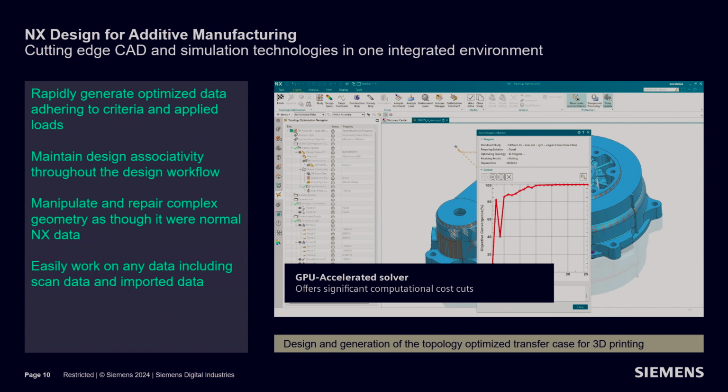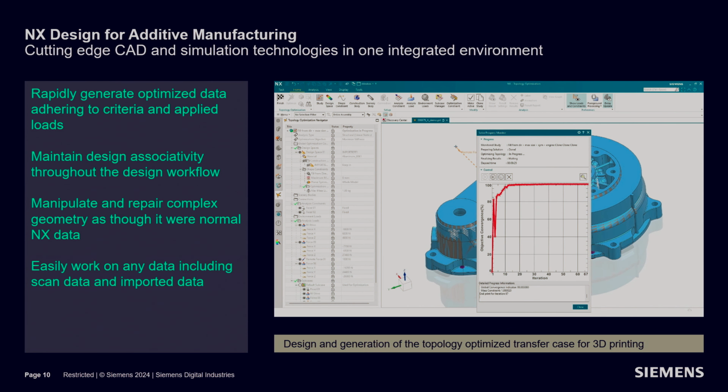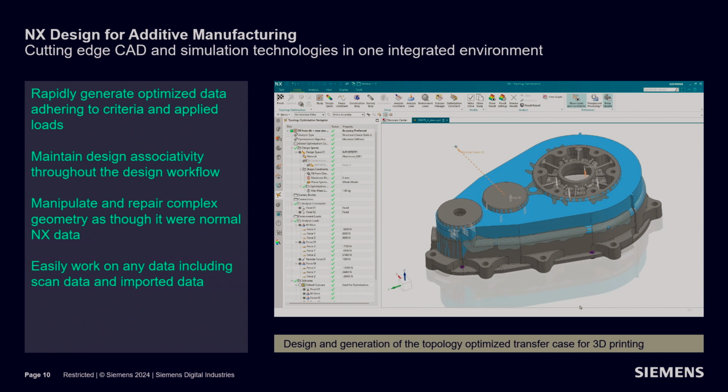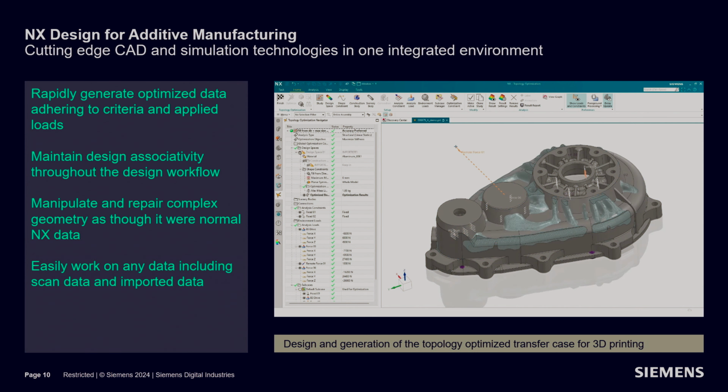Then that output is going to be what we call mixed convergent geometry, a combination of mesh and true analytical data that we can utilize throughout our existing design process. We can apply that manufacturing information and all of the other data from the rest of our design process.